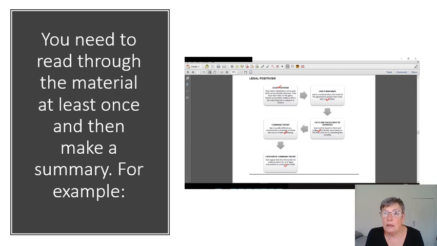You can start off by using the headings in your study guide. That gives you an idea of everything that is covered. But don't just stick with that. You need to have a short summary next to every one of the philosophies or approaches, setting out exactly what that thing is about.